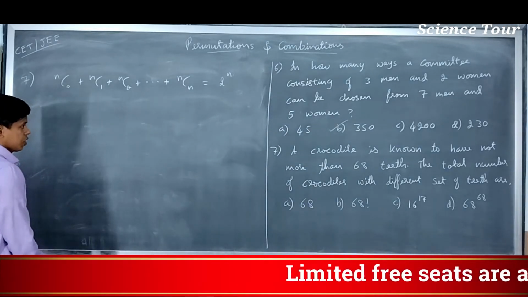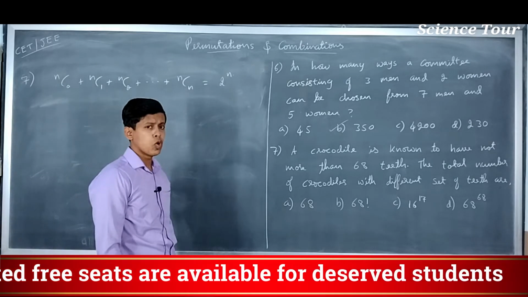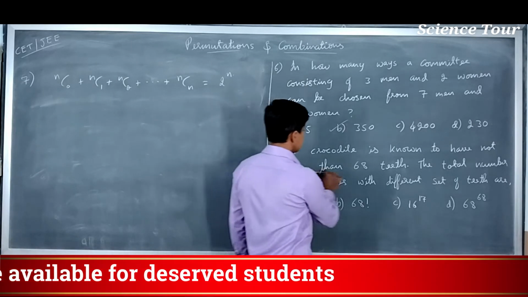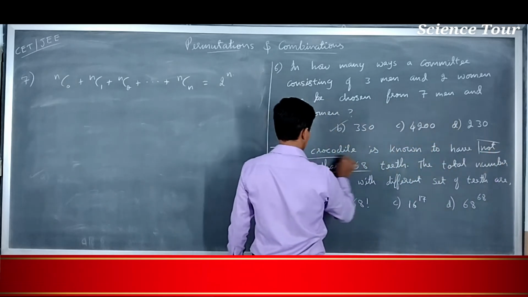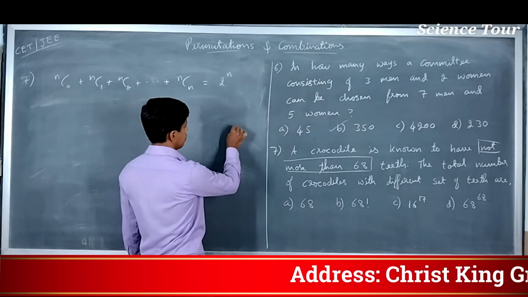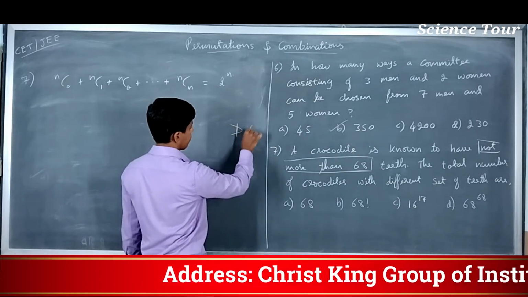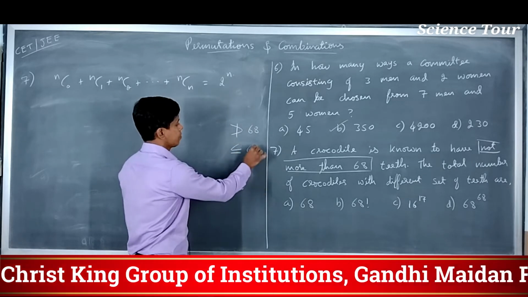Let's start with the question. A crocodile is known to have not more than 68 teeth. Not more than means less than or equal to 68.